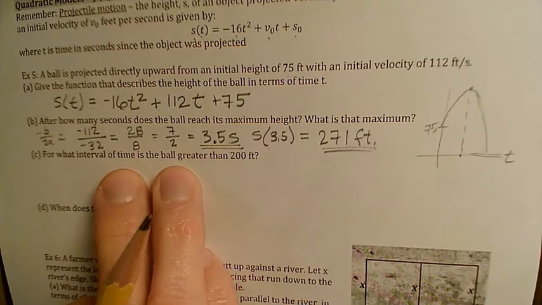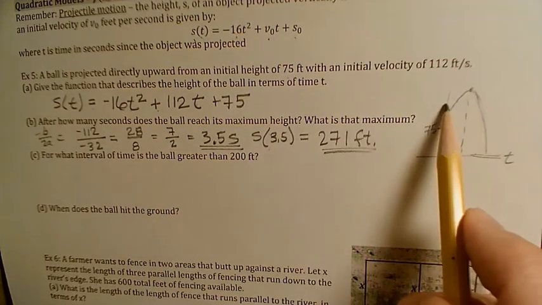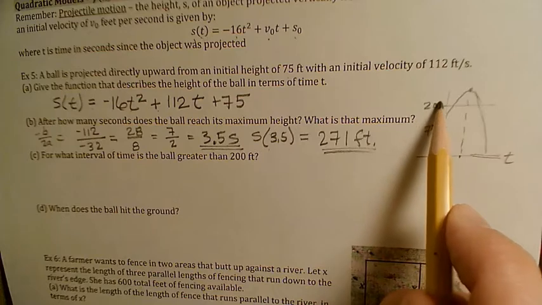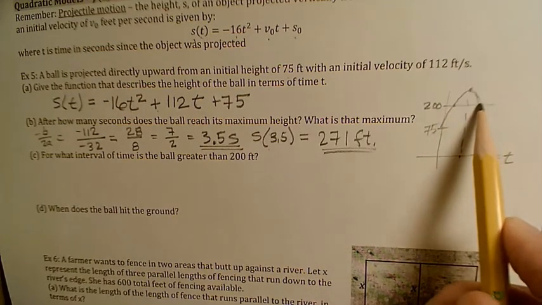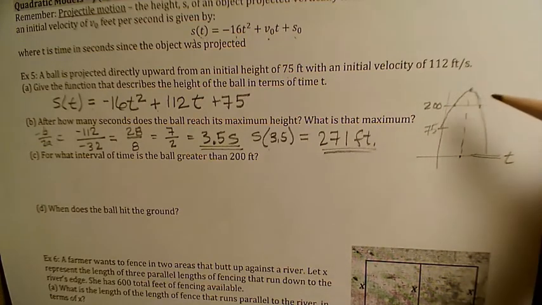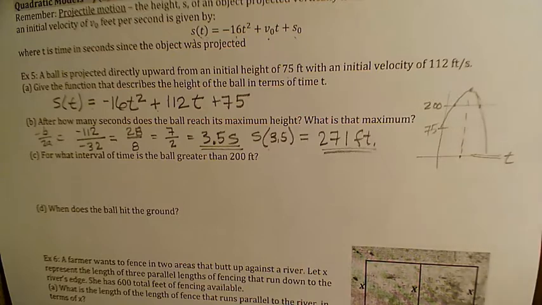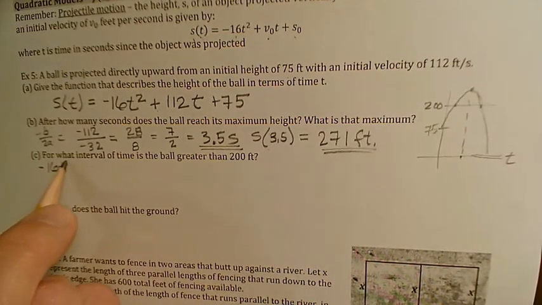For what interval of time is the ball greater than 200 feet? So presumably, I don't have this drawn to scale, but we have something here at 200. We're looking for the two different t times that it is greater than 200 feet. So we could think of that as an inequality. We did these before.